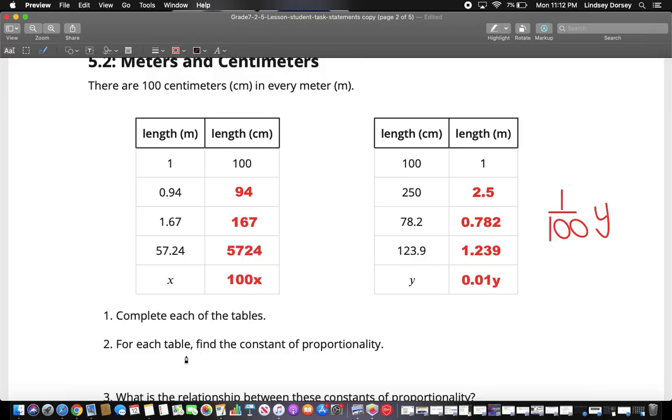Okay, so it says to find the constant of proportionality. For table 1, what was my constant of proportionality? It was 100. Okay, what about for table 2? What was my constant of proportionality? 1/100th. You can use either form.